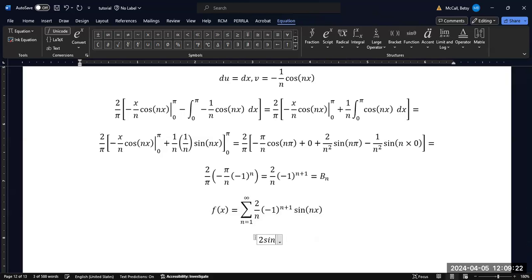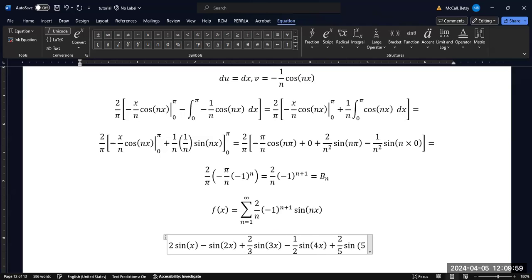So 2 sine x, and then the next term will be minus 2 over 2, which is sine 2x, and then 2/3 sine 3x, and minus 1/2, because 2/4 sine 4x, plus 2/5 sine 5x, and then 1/3, right?